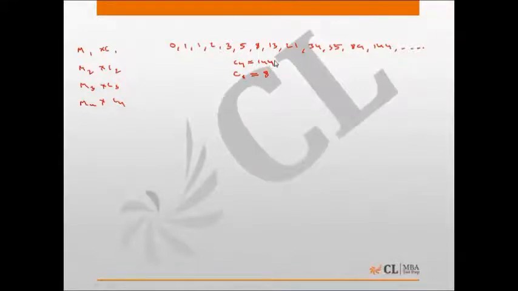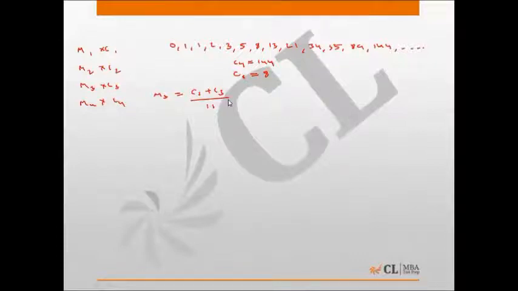Fine. Also, I am given that M3 is equal to (C2 plus C3) divided by 11. That means C2 plus C3 should be a multiple of 11 because M3 is a natural number. It is also divisible by 10.